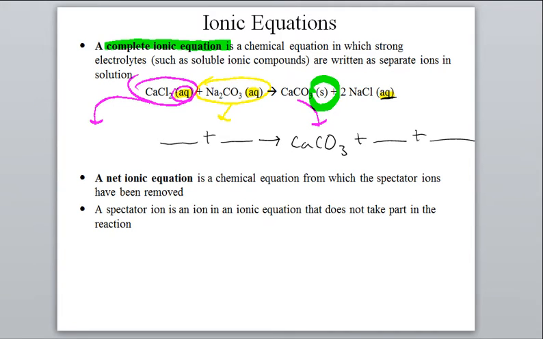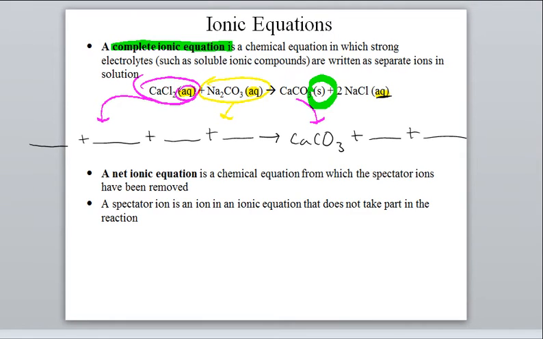So we're going to write the formulas of the cation and the anion for both. For calcium chloride, just like we showed on the previous page, there's the calcium ion, calcium 2 plus, don't forget the charge, and chloride ions. For sodium carbonate, there's the sodium ion and the carbonate ion, 2 negative. On the product side, for the sodium chloride (aq), there's the sodium ion and the chloride ion.